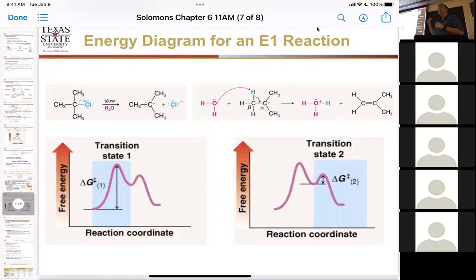Here, we're using water. It's a very weak base. But because you already have the carbocation formed, that proton's really acidic, and we can use a weak base to give us our product, our alkene. So the first transition state here is the formation of our carbocation, and then our water comes in and acts as our base to give us this little teeny transition state to give us our final product.